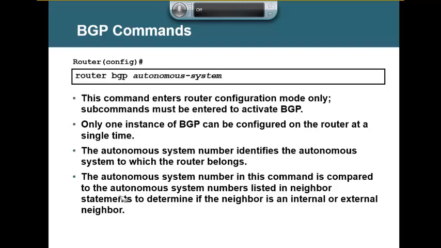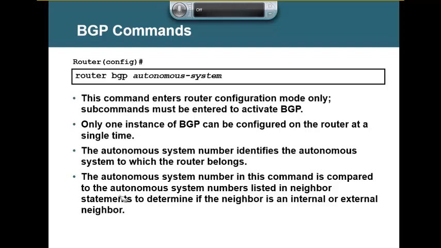The second line says that only one instance of BGP can be configured on the router at a single time, meaning you cannot have more than one BGP in a router. If you take OSPF, you can have many OSPF. When you create VRFs, you can have different OSPF for different VRF.